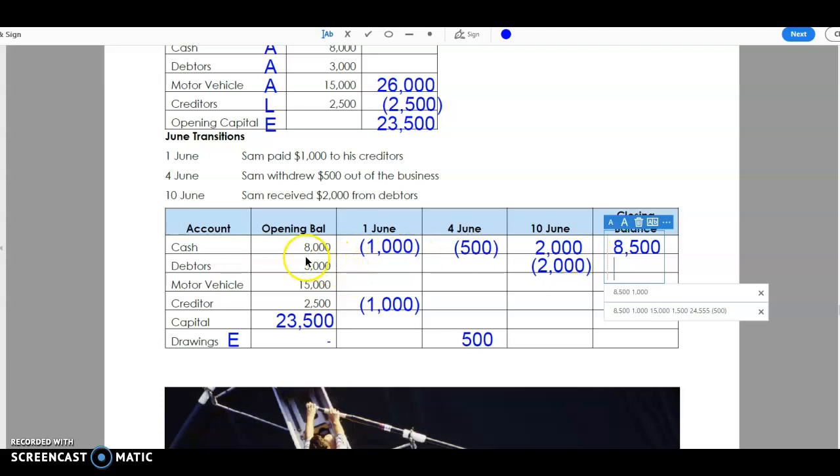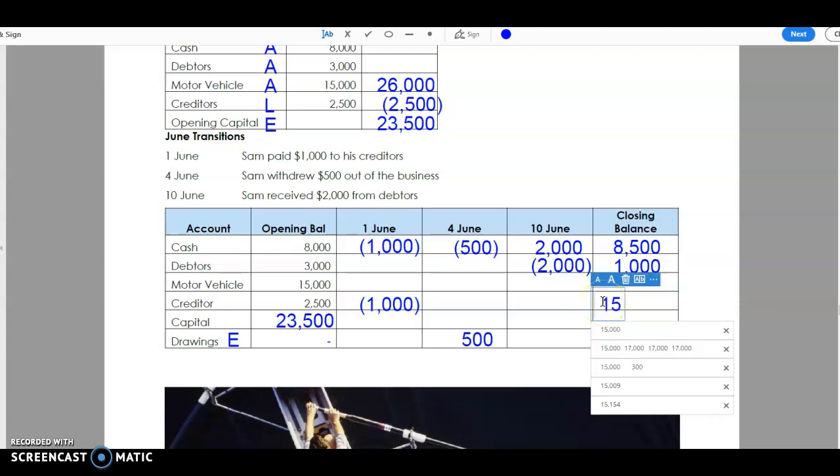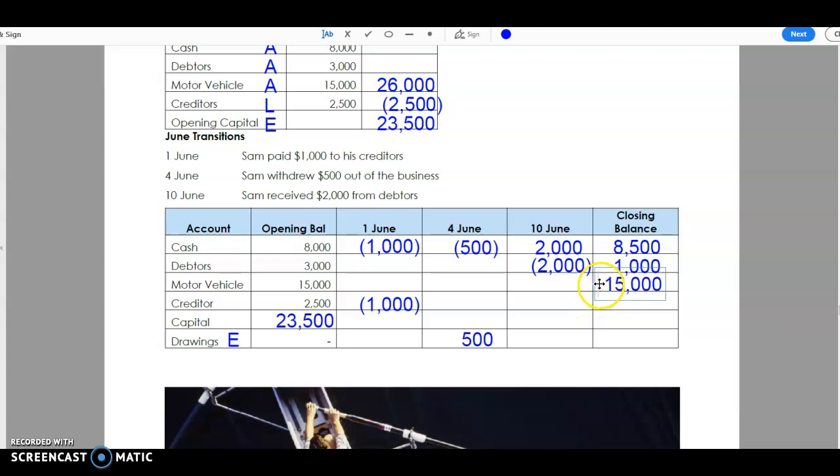The debtors, our opening balance was $3,000 minus $2,000 which got paid off, so our closing balance now is $1,000. Motor vehicles, there was no change, so I'm going to put that like this here, still $15,000 because that's a historic cost, and we're not going to change that. I'm going to put $15,000 down there and then drag it up. There it is, so it's underneath.